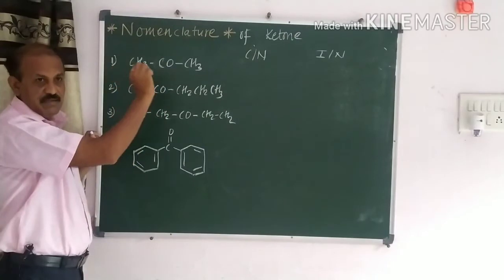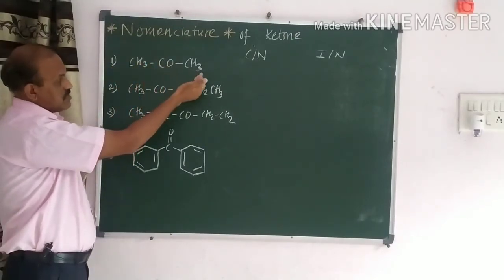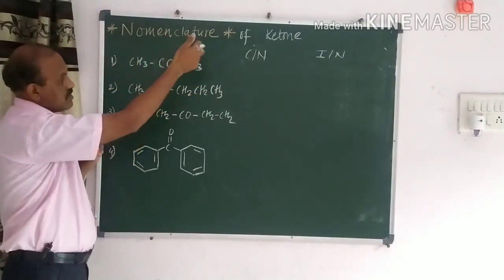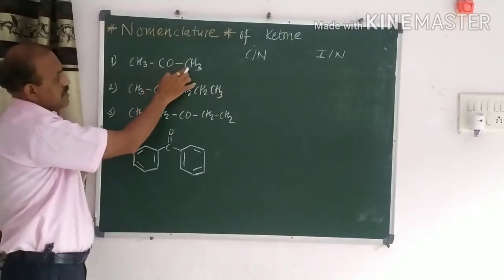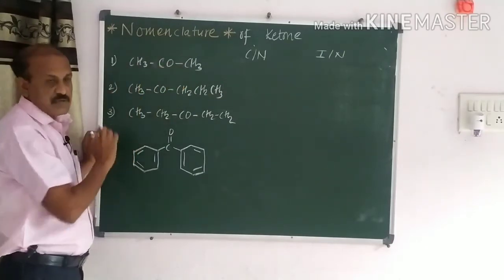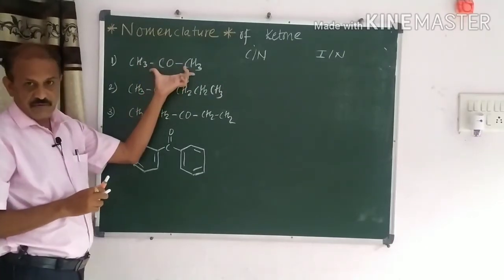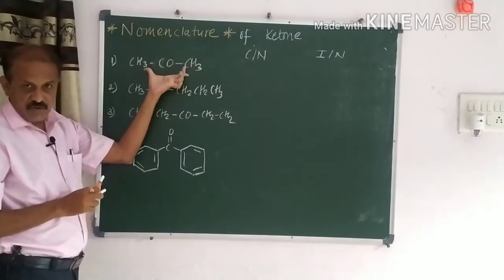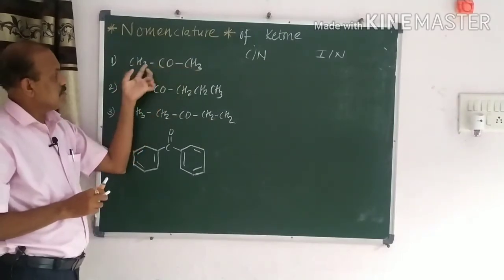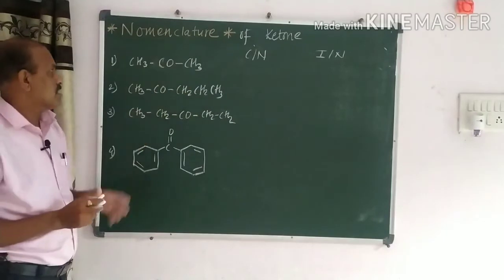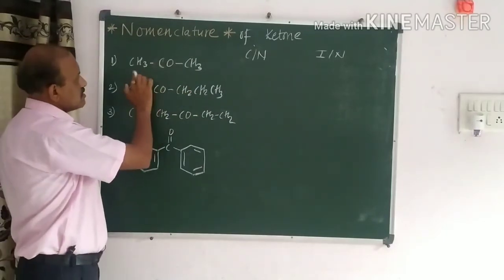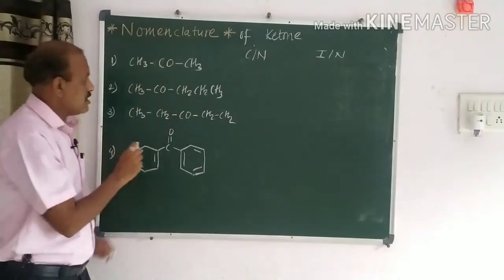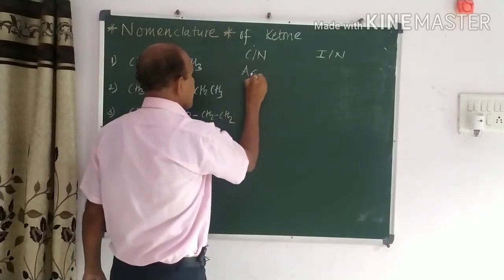So directly on the basis of the alkyl groups, the name is given. That is, if there are two methyl groups, we have to say it is dimethyl ketone. Actually this is acetone, no doubt, but we have to give the name dimethyl ketone directly. So this is dimethyl ketone, or it is also called acetone.